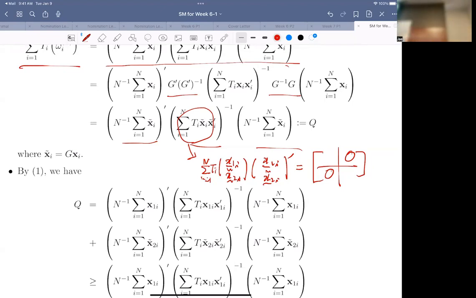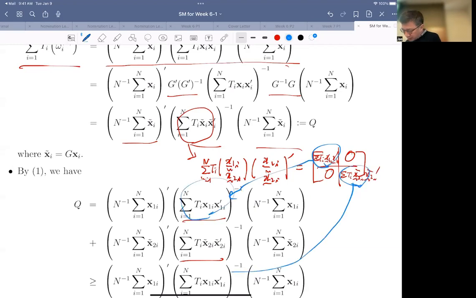So that means your inverse has this part, which is a summation of T_i X1i X1i prime. This one is a summation of T_i X2i tilde X2i tilde prime. So that's why you get this here. Okay. So basically this is this, and this is this.